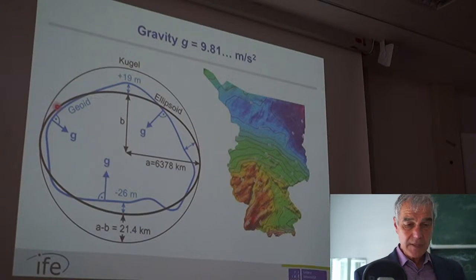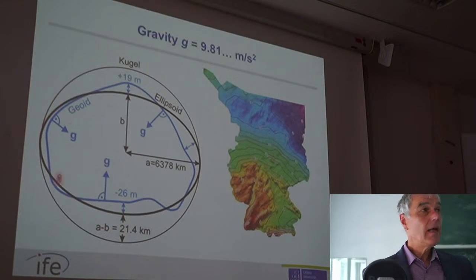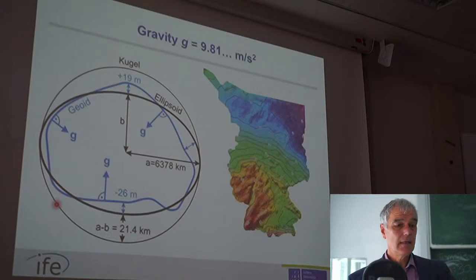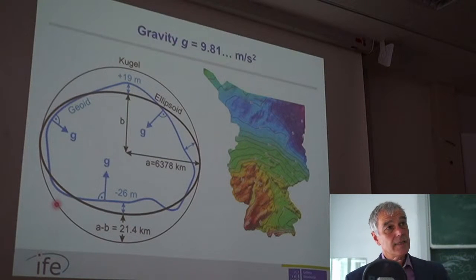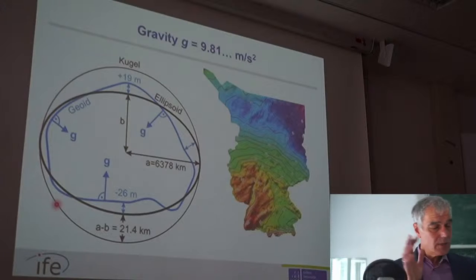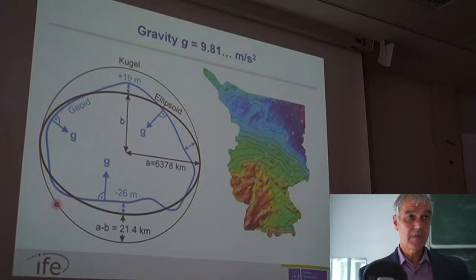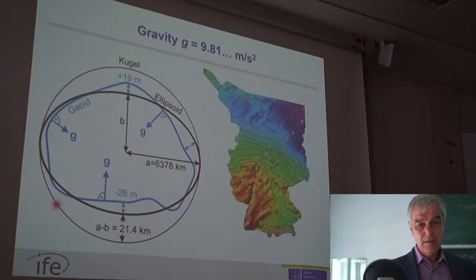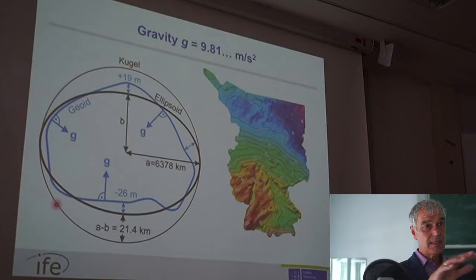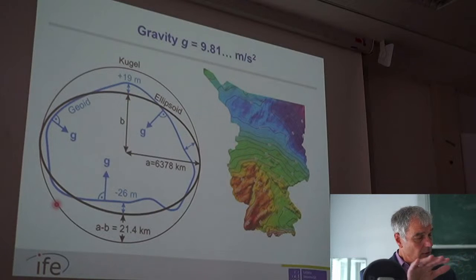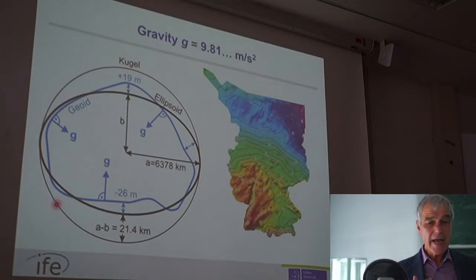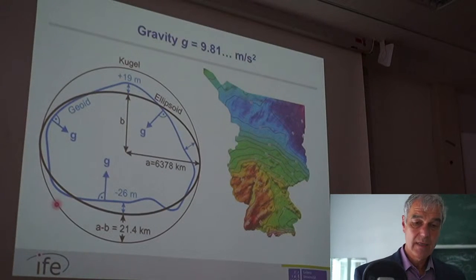That means a deviation of the ellipsoid and what is called geoid. And the geoid is the ocean surface, so the ocean in rest continued beneath the continents. So that's like a lake which starts at sea level and goes through the Earth. And this is our height reference surface.